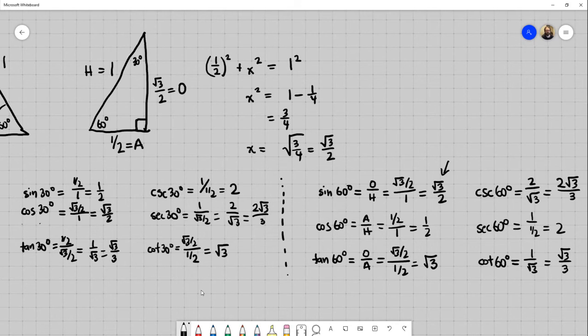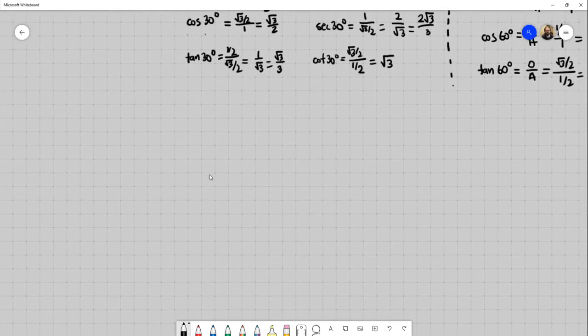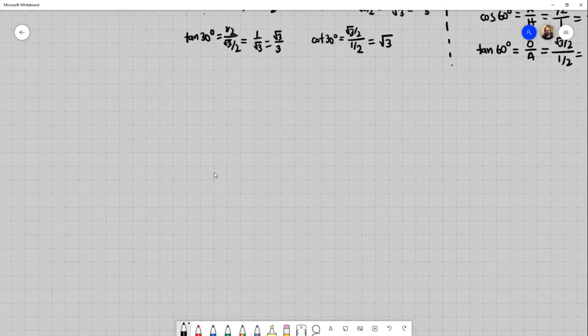There's another special triangle that we want to look at. It is what's called an isosceles right triangle. So an isosceles triangle is one where it has 2 side lengths that are the same. Here it's going to be the legs of this right triangle. We're going to call that 1 and 1.